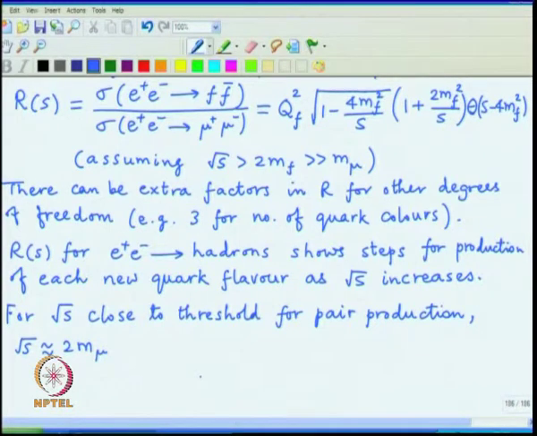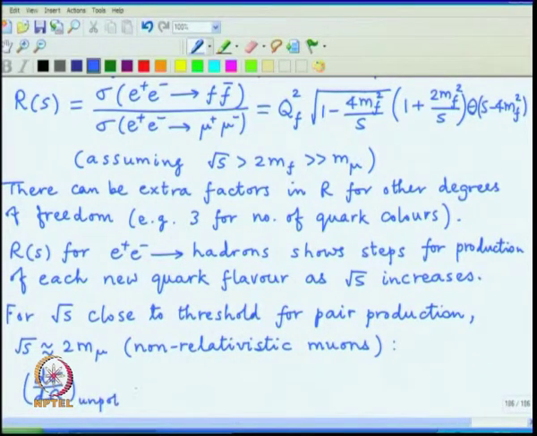We can choose this, which corresponds to non-relativistic muons, and then the cross section can be simplified to this differential cross section, which is alpha square by 2s.